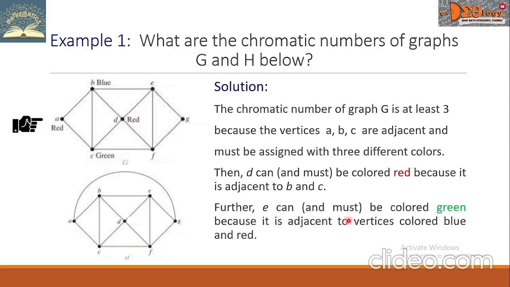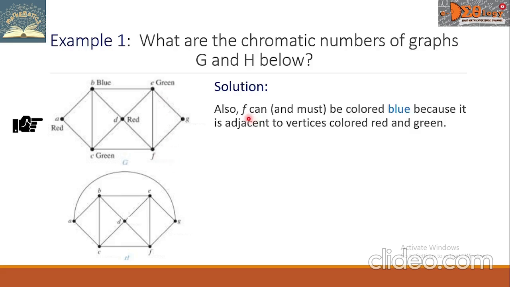Now let's go to vertex E. E can and must be colored green because it is adjacent to vertices colored blue and red. So E now becomes green. Let's proceed with vertex F. Vertex F can and must be colored blue because it is adjacent to vertices green and red.